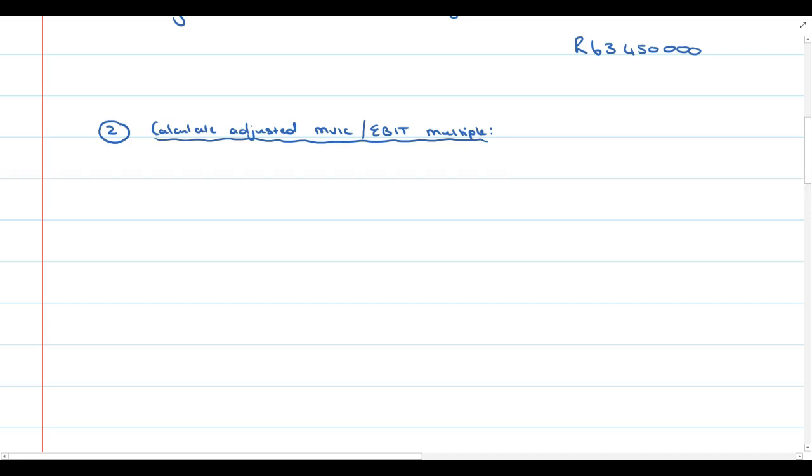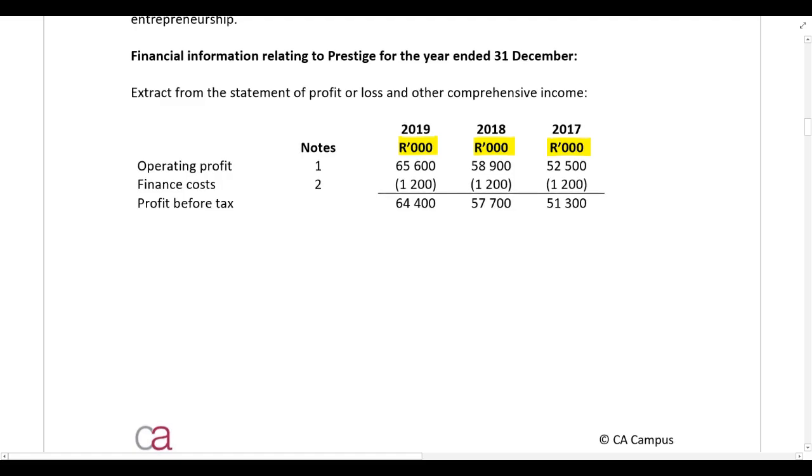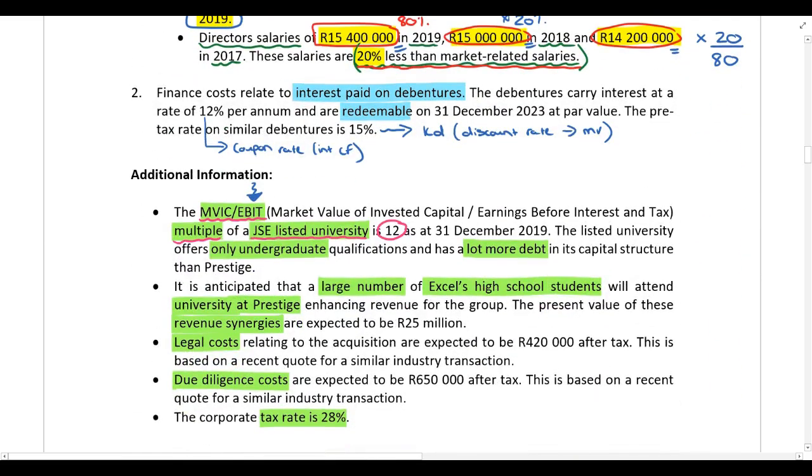So remember, first, you start with the multiple of a similar listed company, and we are then going to adjust for entity level differences. So if you go back to the information provided in the scenario, the JSE listed university has a multiple of 12 as at the 31st of December 2019.